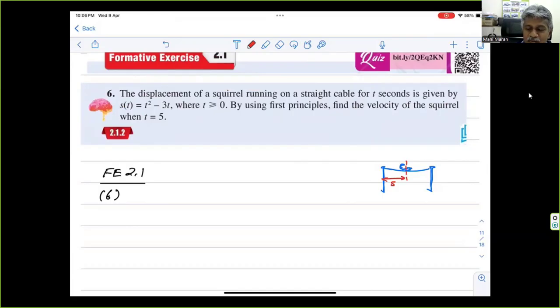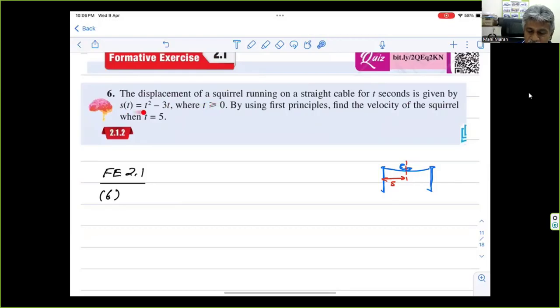Okay, so when you put t is equal to 0, when you see this equation, then you get s is equal to 0, right? So that means that the squirrel is actually here, initial point, and then it's moving along here. Okay, so t is more than or equal to 0.